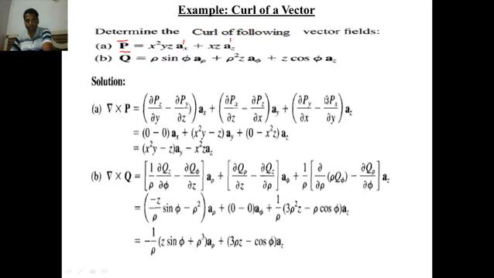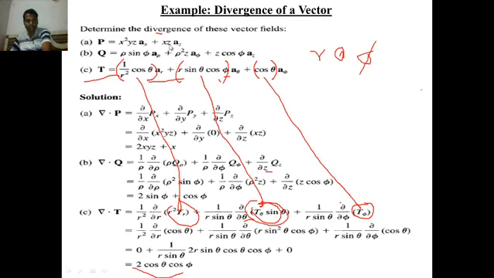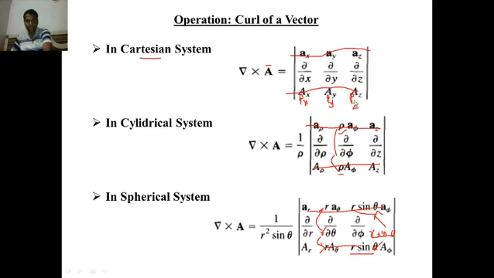What is py? Py is not mentioned, that means it is 0. So you write down 0 in the third row here. And what is pz? Pz is xz. So you write down xz here. Okay, this row will be as it is.